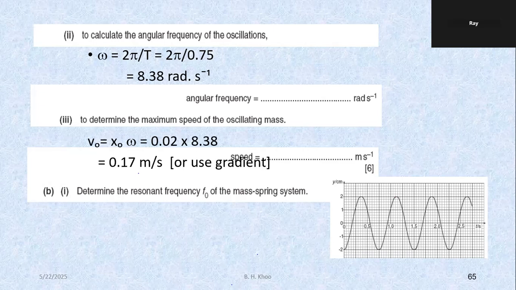Determine the resonant frequency of the mass spring system. From here, or from the period. Okay? Any comments so far? Or anything not clear?